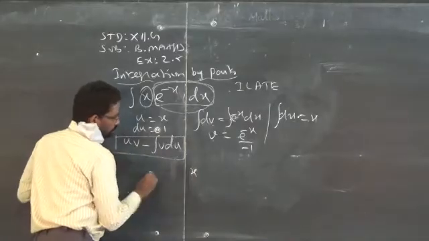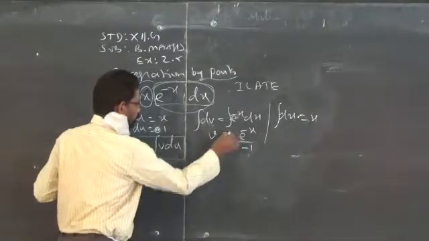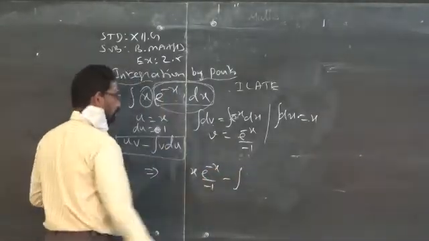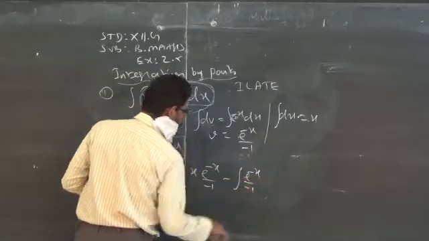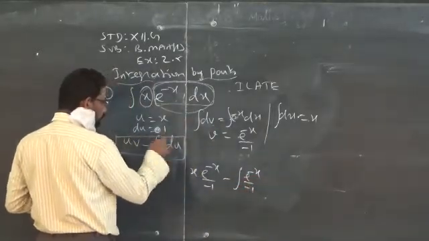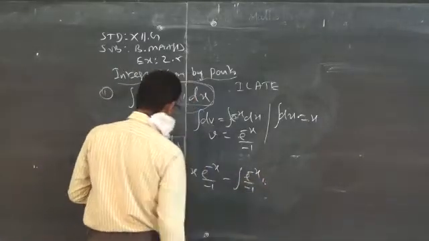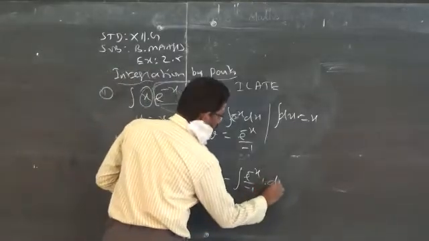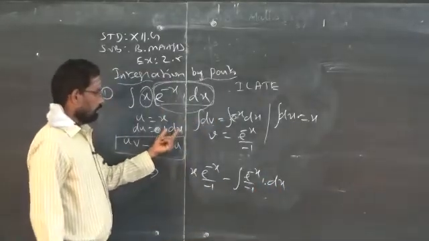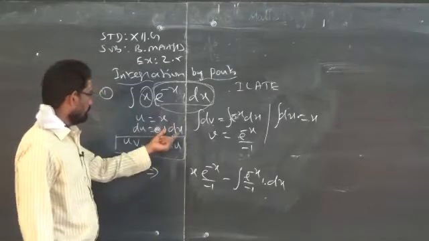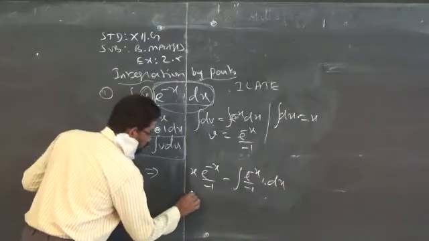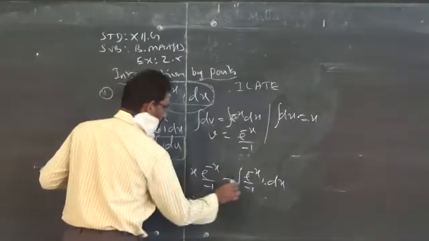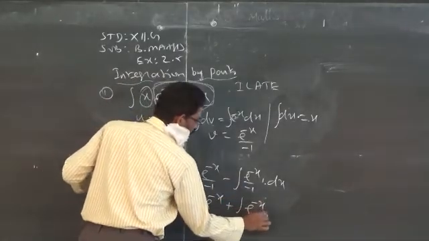That is x into v, e power minus x by minus 1, minus integration of v du. What is your v? e power minus x by minus 1. What is your du? du is 1, that is 1 into dx, that is dx. I told you how to get dx last year as well as this year. At the beginning itself I said how to get dx. So, this minus goes to the numerator: minus x e power minus x, and minus into minus gives plus, so again we get integration of e power minus x into dx.